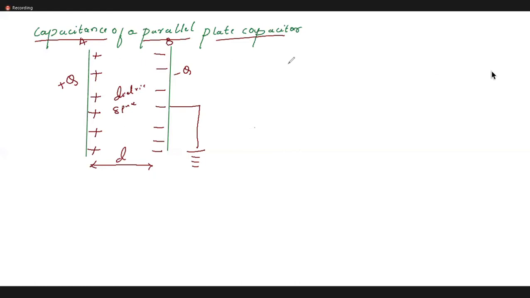Sigma is equal to Q by A. Surface charge density: sigma is equal to total charge divided by area.